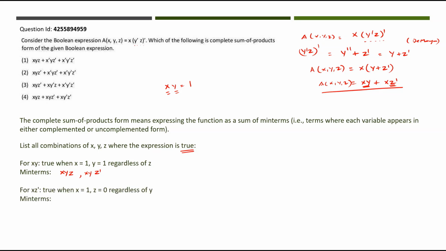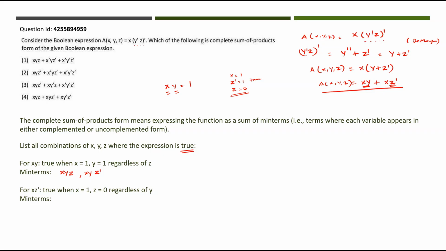Now we will take the second part, xz dash. When you want to have x to be true, you will take the value of x to be 1. When you want to have z dash to be true, it means the value of z should be false. Only when z is false, z complement will become true here.